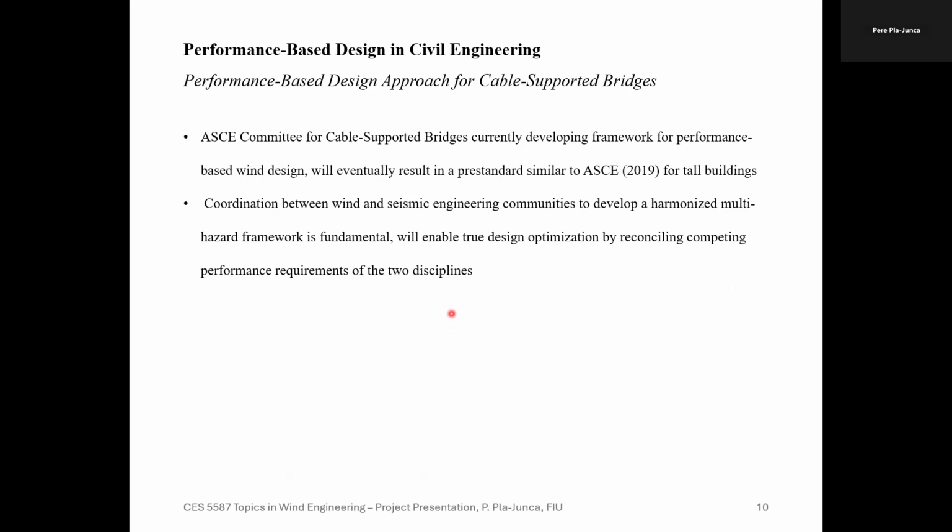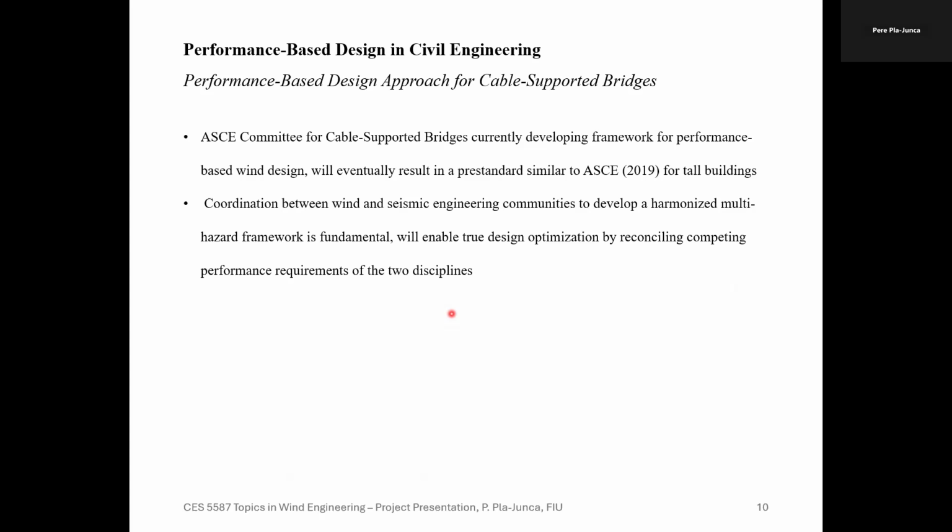Now, at this point where the performance-based wind design of structures is being developed, it is important to also, in parallel, develop a multi-hazard framework that enables the consideration of both hazards altogether for structures in locations where the two hazards coexist.